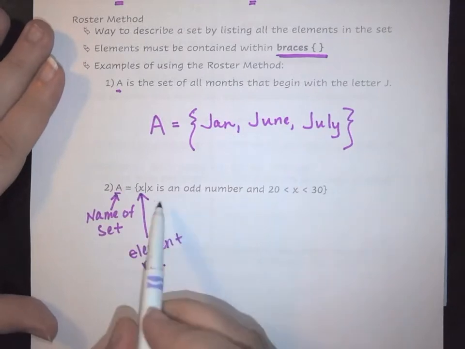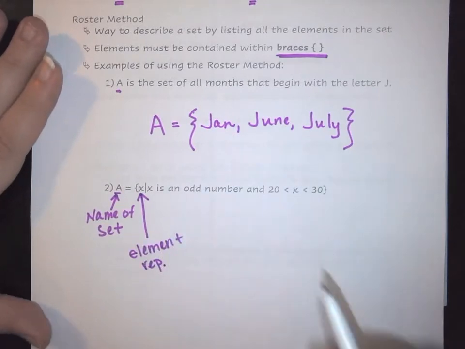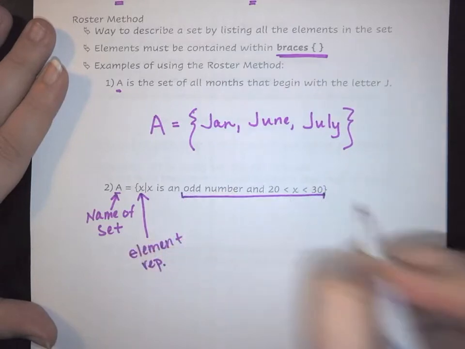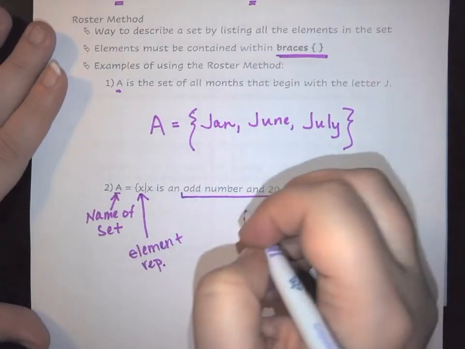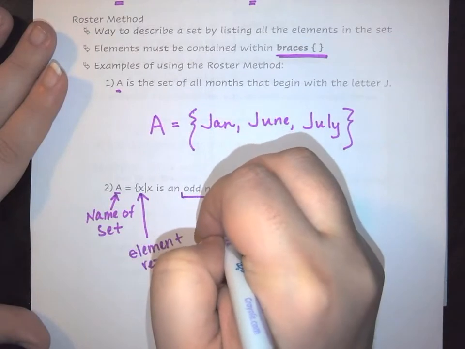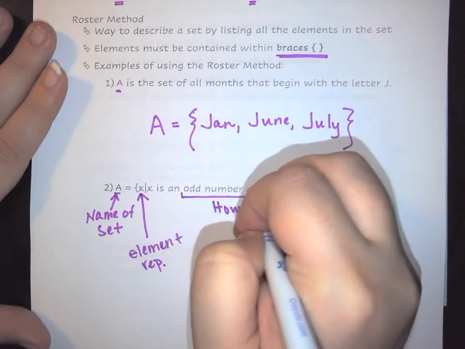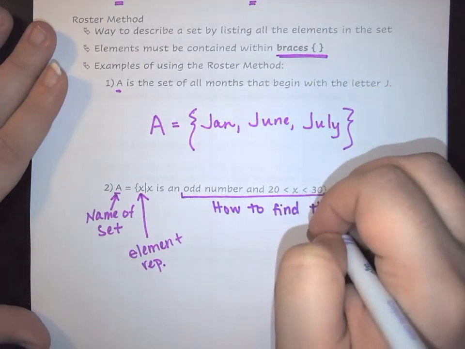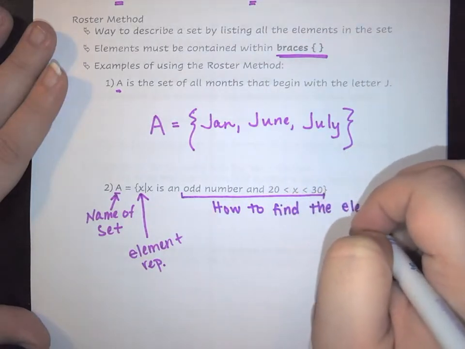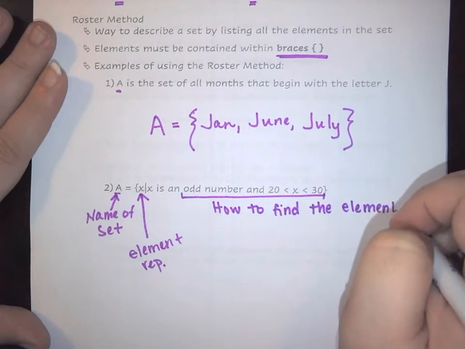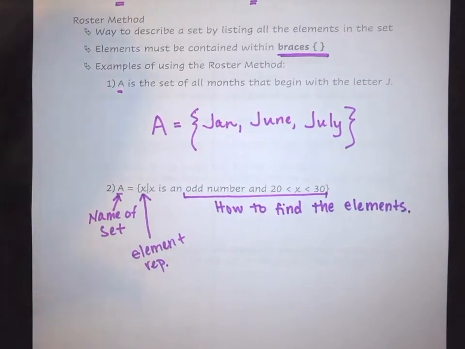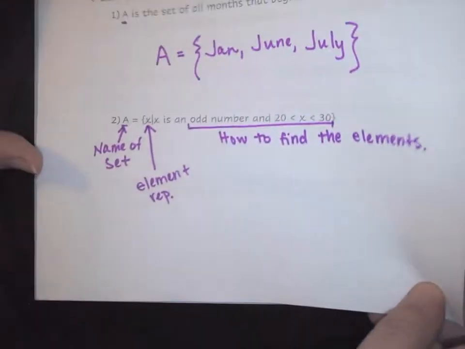So we have that X is an odd number, so this right here, odd number, and then between 20 and 30, this is going to be how to find the elements. Okay, and that's what set builder notation does. It teaches you or shows you the directions for being able to build your set.